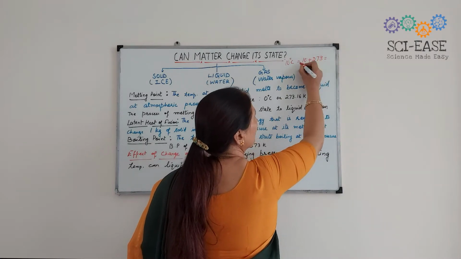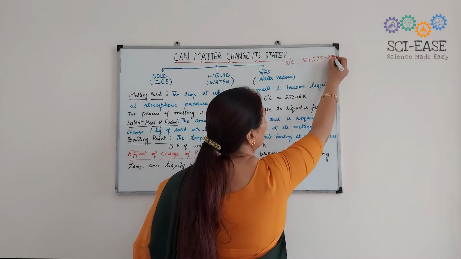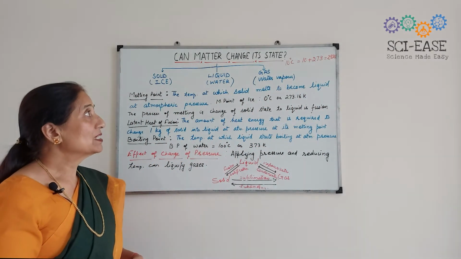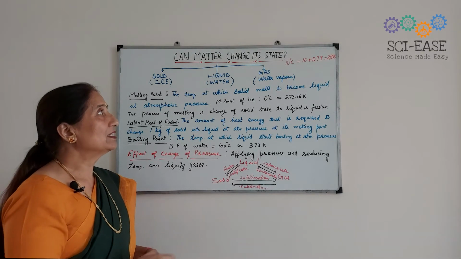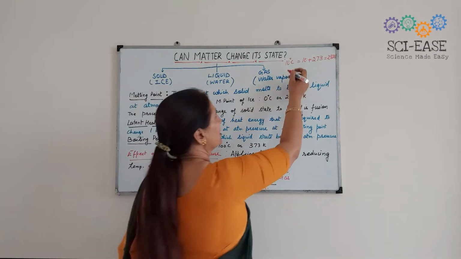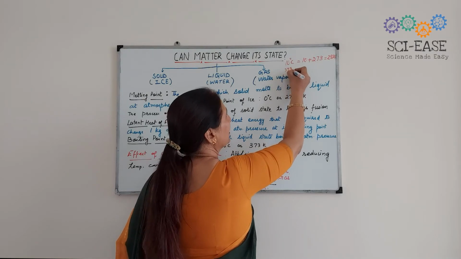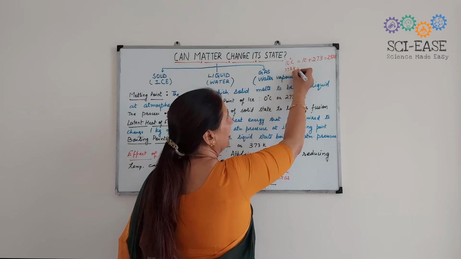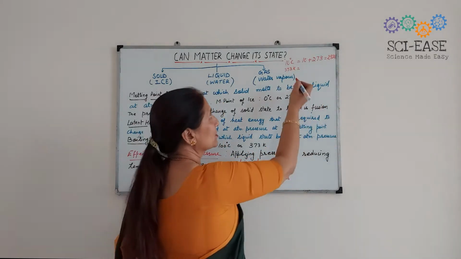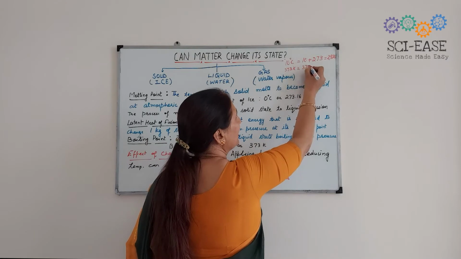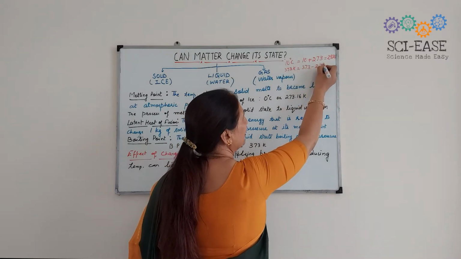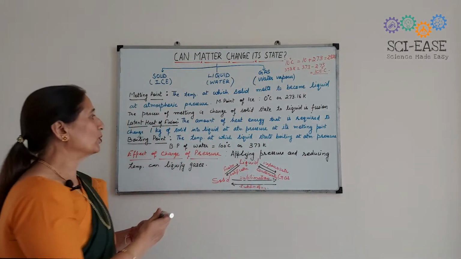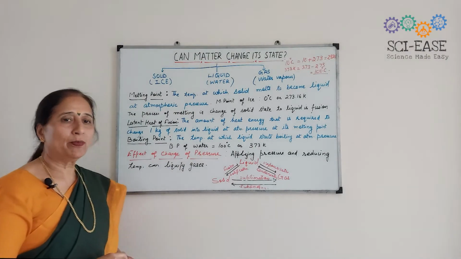It is equal to 283 K. In the same way, sometimes it is asked to change this temperature. Suppose this is 373 K. Change this temperature K into degrees Celsius. What you will do? 373 minus 273, it is equal to 100 degrees Celsius. I have told you, it is the boiling point of water.